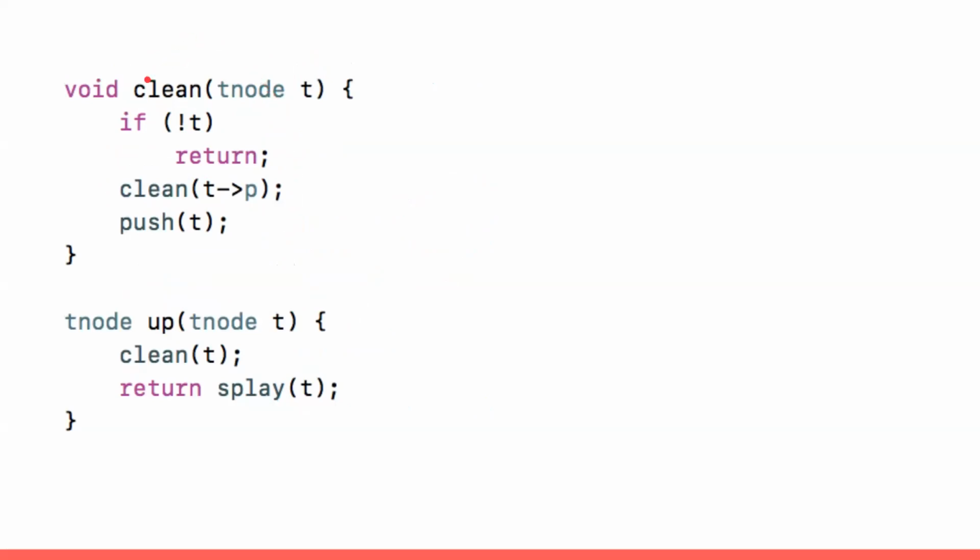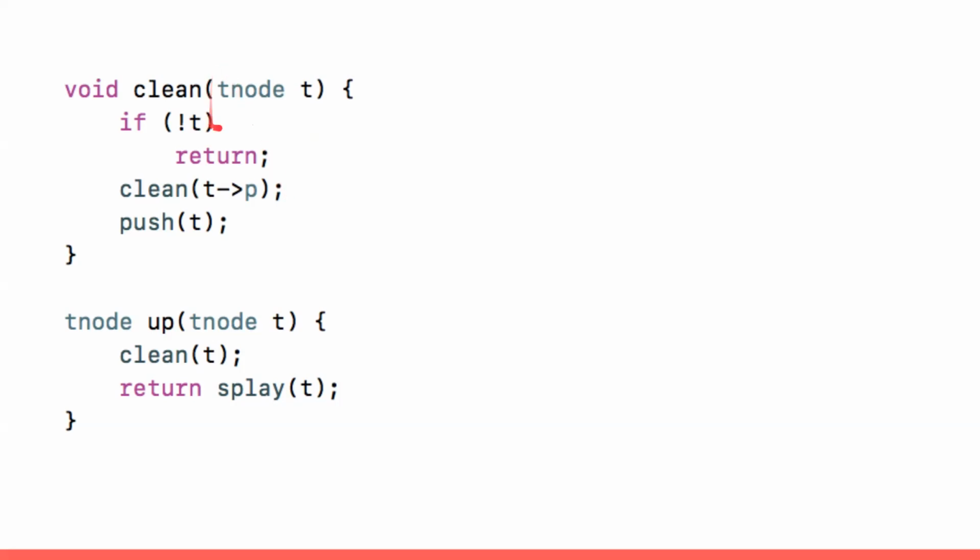And we are going to have one more function that is called clean. Let's say we have some vertex, not necessarily the root of our splay tree, and we want to do something with it. If this vertex has some parent that has to be reversed, we should reverse it first.